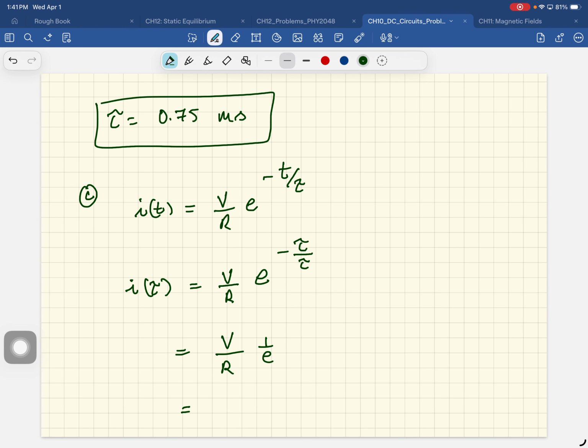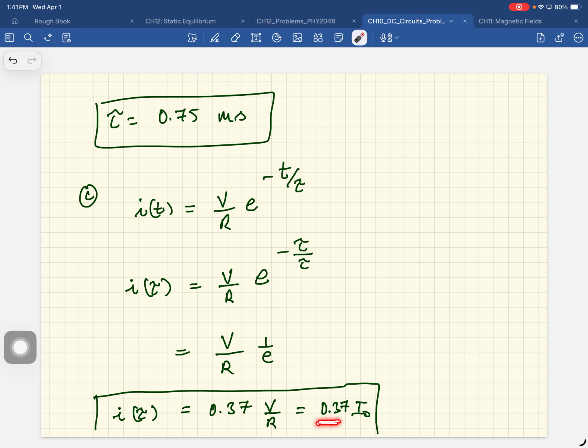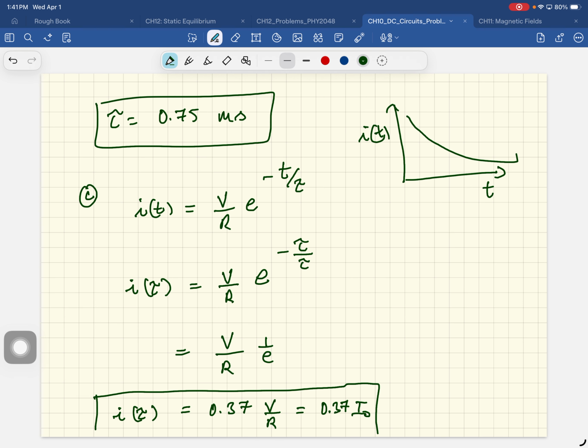So after one time constant, it's 37% of the initial current. The current is exponentially decreasing.